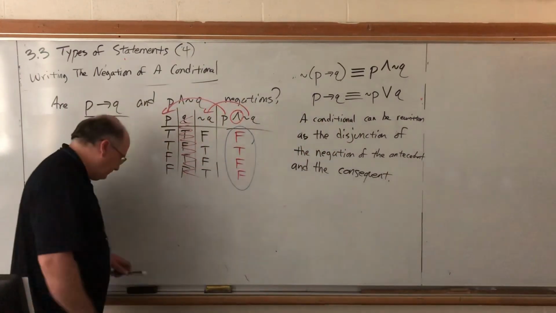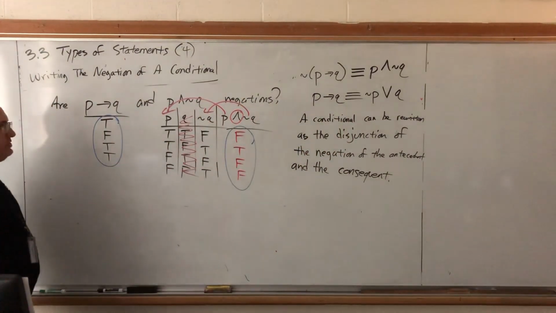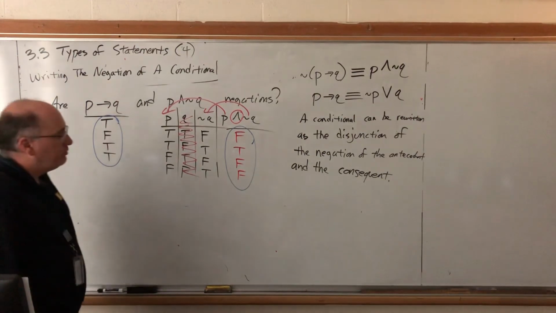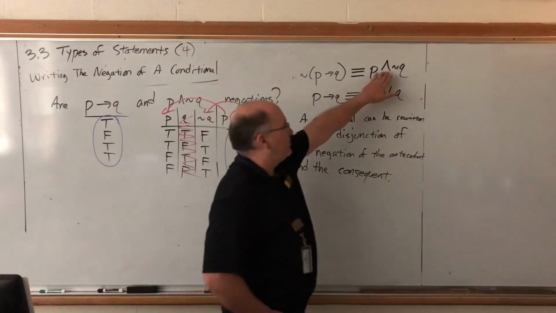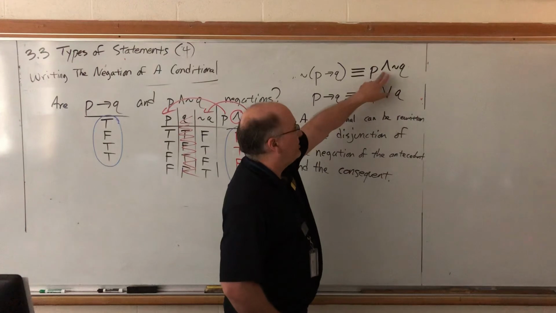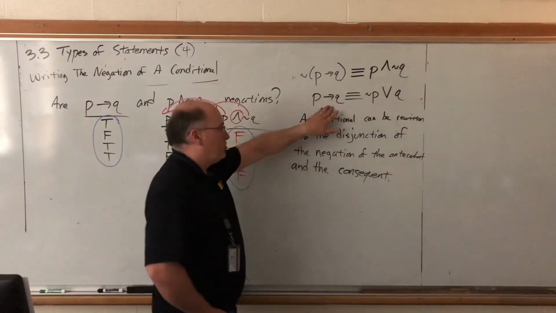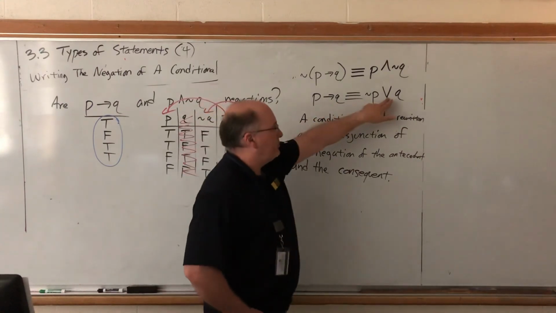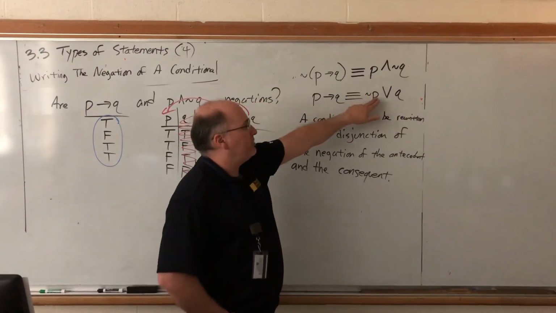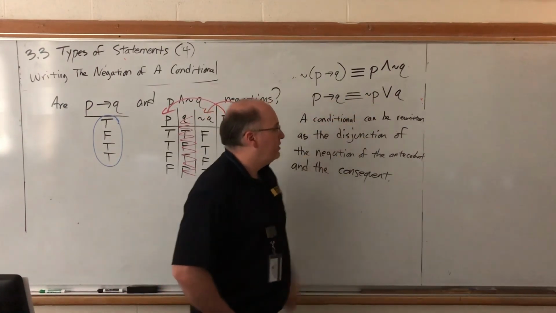That's a mouthful. All right, so we do have a way to negate a conditional by turning it to a conjunction, antecedent, conjunction, negation, and consequent. But a conditional on its own is equivalent to a disjunction, negation of the antecedent, disjunction, the consequent.